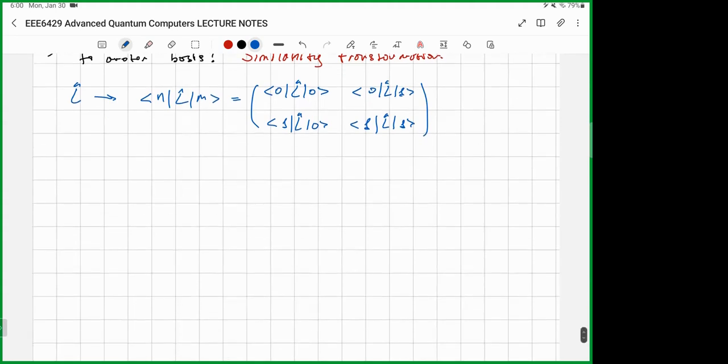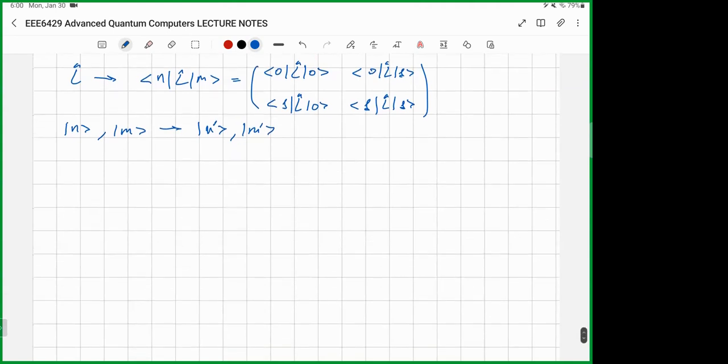And now we do this transformation of vectors n and m to another basis. Accordingly, these basis vectors will be transformed to another n prime and another m prime. How do we do this transformation? We do it through the unitary matrix or unitary operator, right?